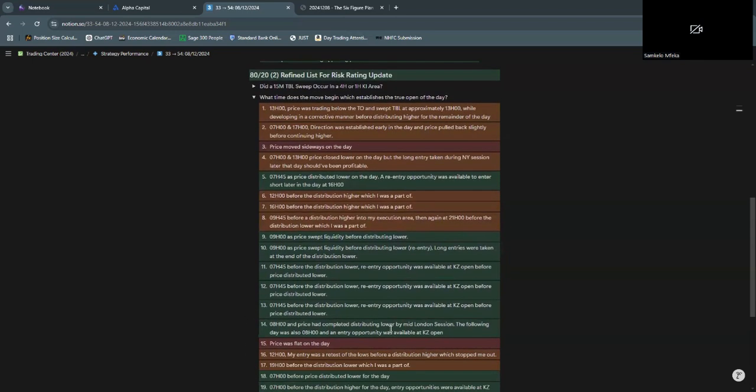The purpose of this was almost to gauge whether price shows its hand before distributing for the day, and if so, how? And what I almost got was there are a lot of setups where it does do that, but there are a lot of setups where it does it later in the day or it does a full 180.